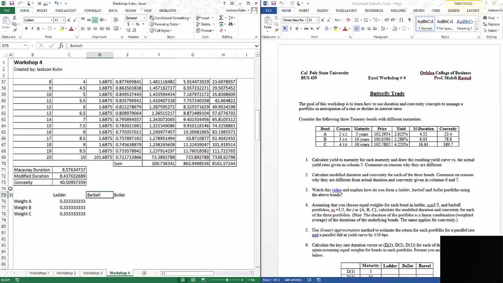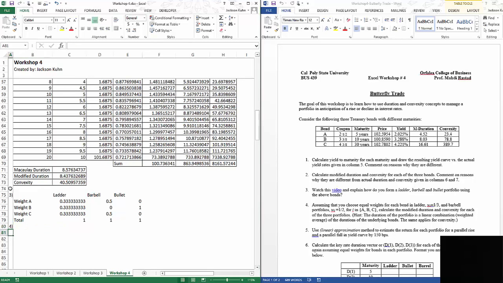Our barbell will be 1/2 for bond A, 0 in bond B, and 1/2 again for bond C. Our bullet will be 0 in A, 1 in B, and 0 in C. And then to double check that this is all correct, they should each have a sum equal to 1. So we're going to do equal sum, and they do in fact equal 1. So that is question number 3.